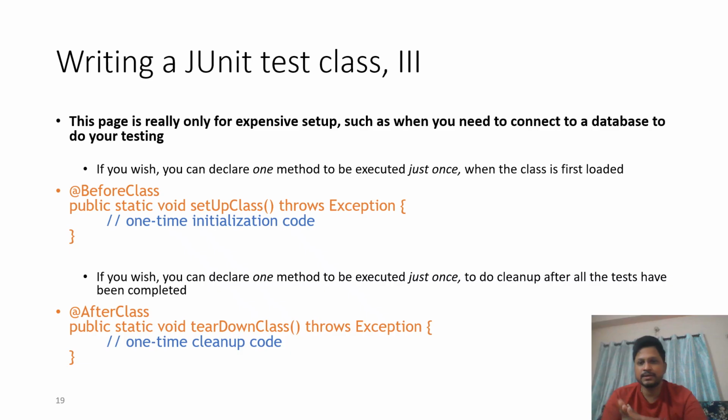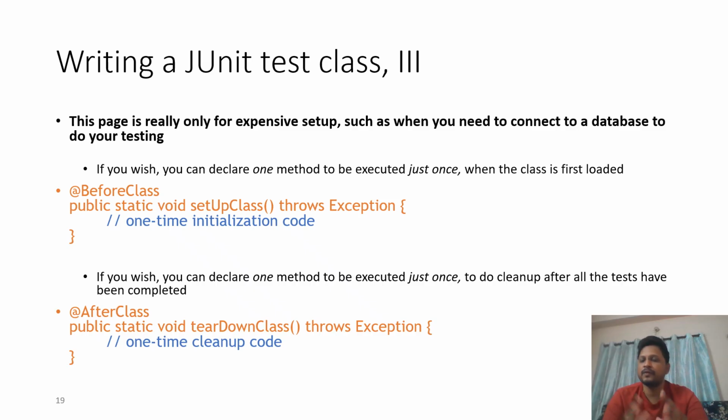Writing JUnit test cases in a different way, at the third level, this page is showing how to set up your particular test cases, such as when you need to connect to a database in your test cases.